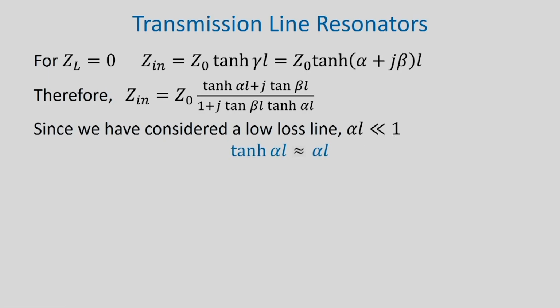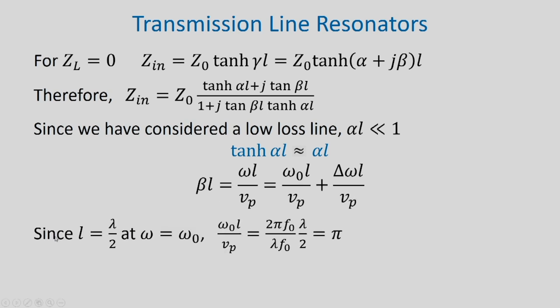So, in that case we can write alpha L to be much less compared to 1, and we can approximate tanh alpha L as alpha L, and similarly beta L can be written as omega L by V p, the phase velocity. Once we substitute omega equal to omega naught plus delta omega, this can be written as omega naught L by V p plus delta omega L by V p.